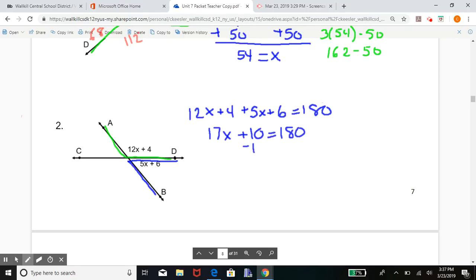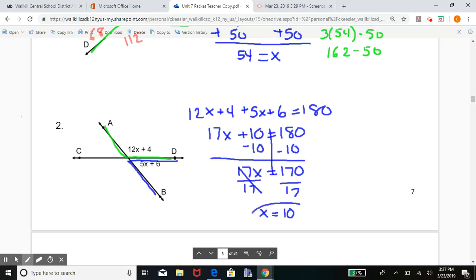Subtracting 10. Remember, you want something on both sides of the equal sign. We get 17x equals 170. Divide by 17, divide by 17, and x equals 10.